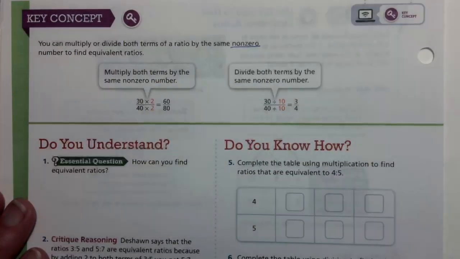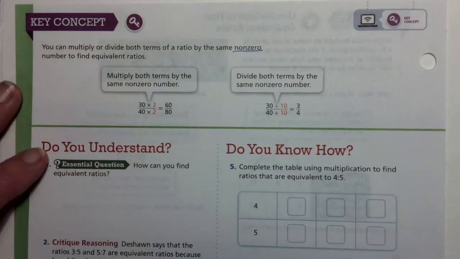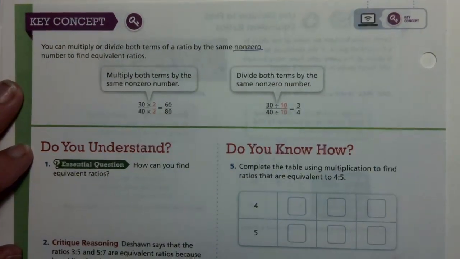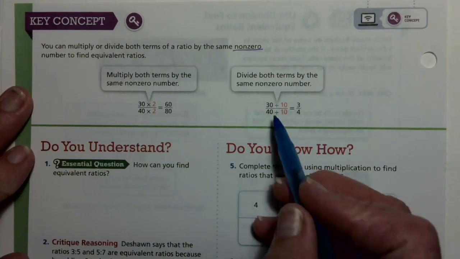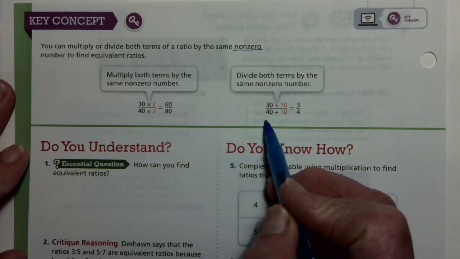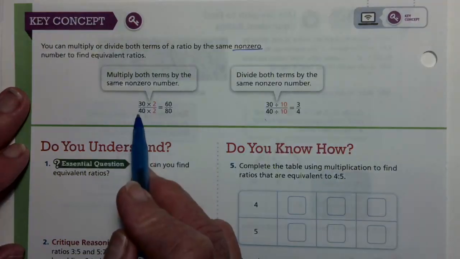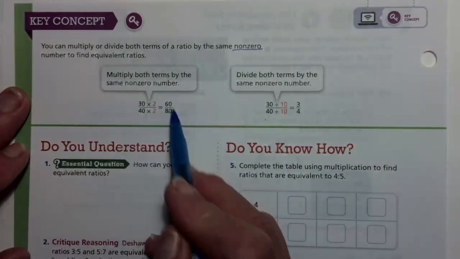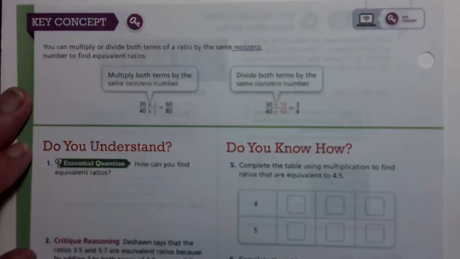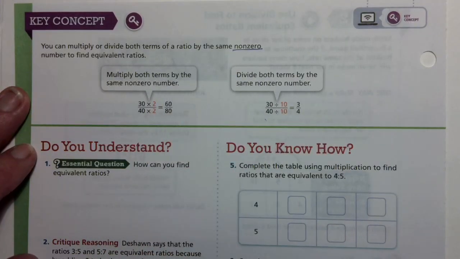Non-zero means it cannot be zero. Non-zero means it has to be something besides zero. Okay? 30 divided by 10 is 3, 40 divided by 10 is 4. So 30 over 40 is an equivalent ratio to 3/4. 30 over 40 is an equivalent ratio to 60 over 80. Anytime you can do either one of these things and make a new one, it's equivalent.